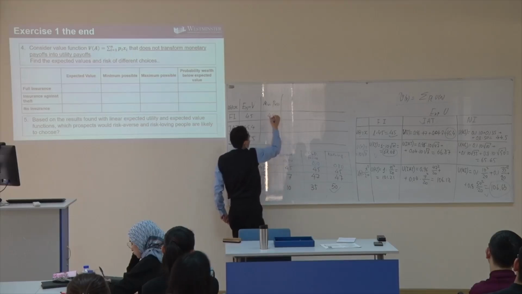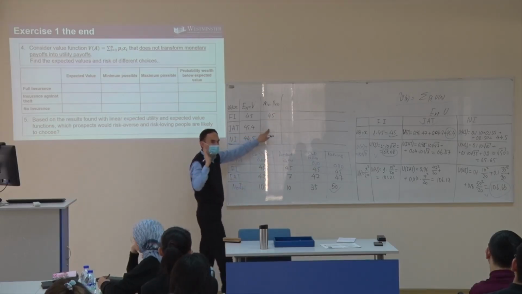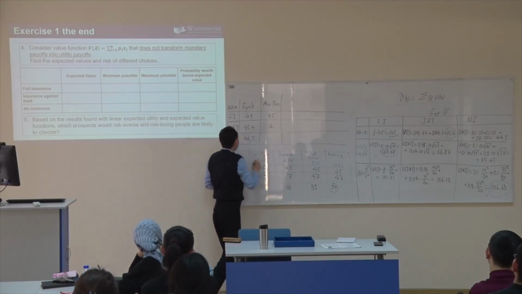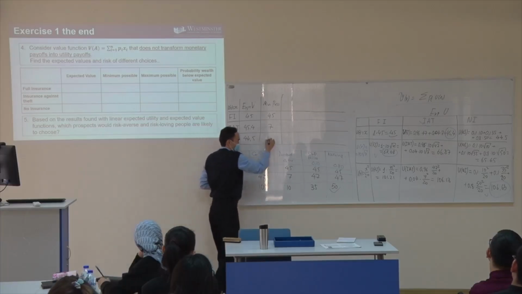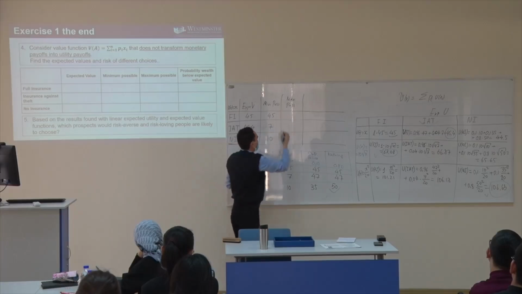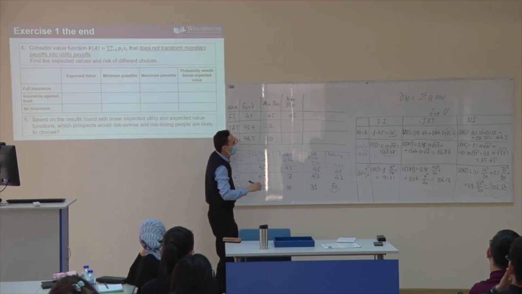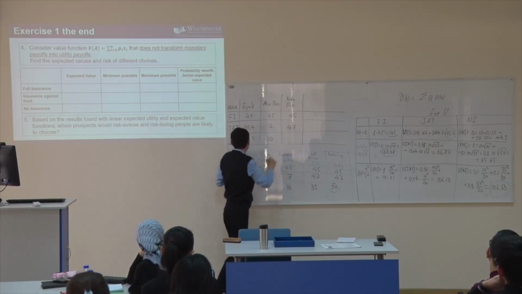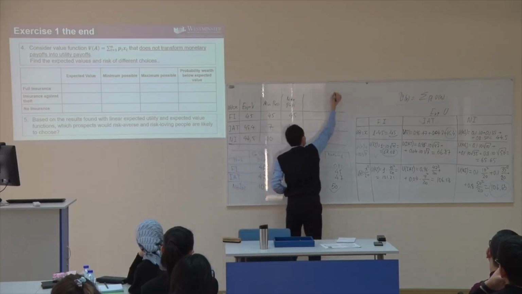Insurance against theft, what is minimum possible? 7. No insurance, minimum possible? 10. Yes, okay. And now, maximum possible. 45. In the case of insurance against theft, 47. No insurance is 50. Good. All right.